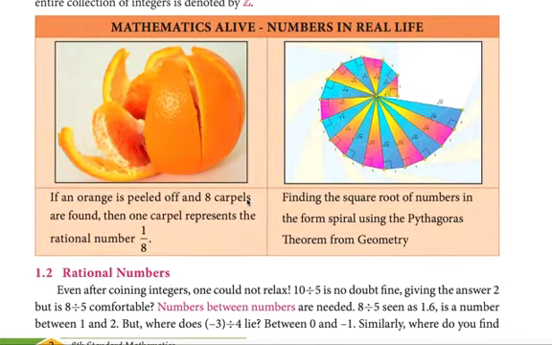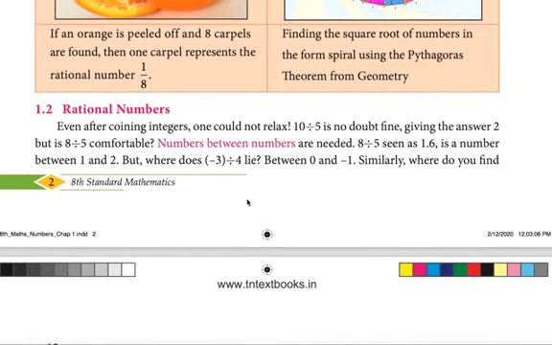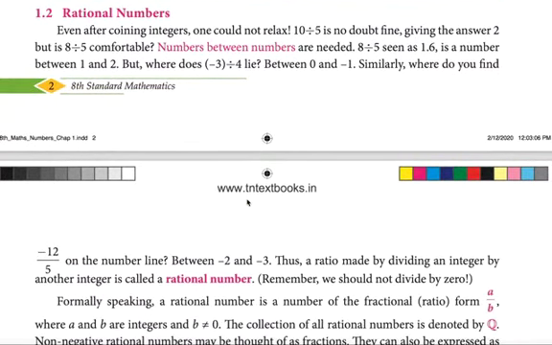Okay. Even after counting zeros, one could not relax. 10 by 5 is no doubt, you will get the answer as 2. Okay. But 8 by 5, is it comfortable? No. Numbers between numbers are needed, right? Those are called rational numbers.